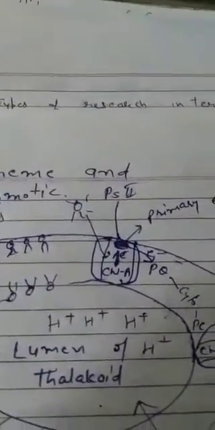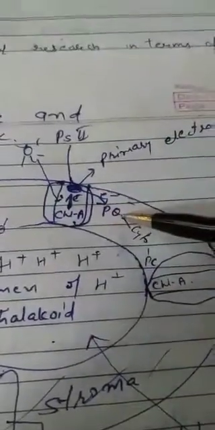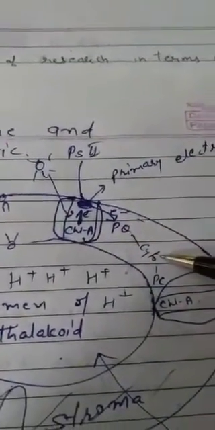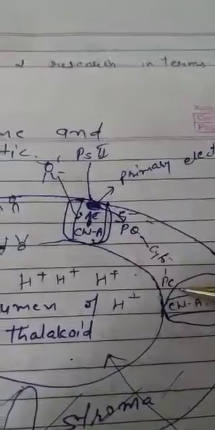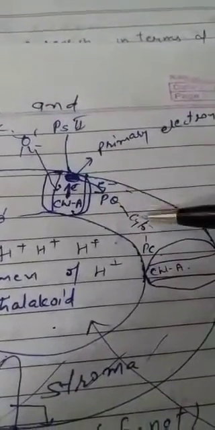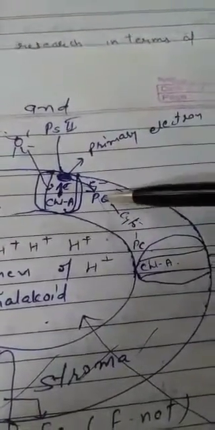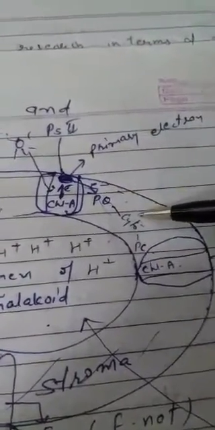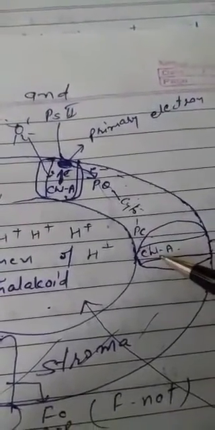This electron goes to plastoquinone, then cytochrome, and then to the plastocyanin. It means the electron is jumped from one molecule to another, and you have seen that I have drawn it going down. It means the electron is regularly losing energy. And finally that electron is given to photosystem 1.